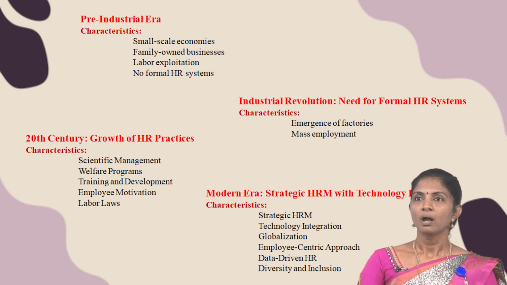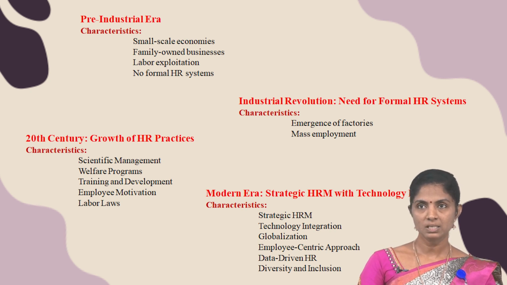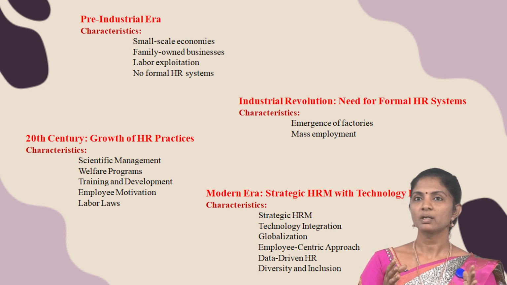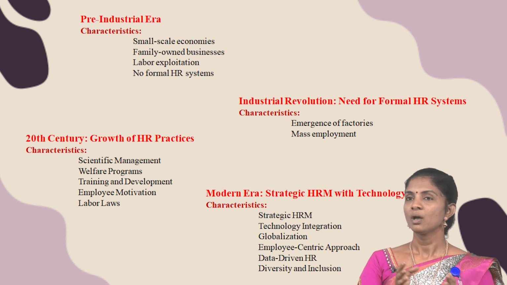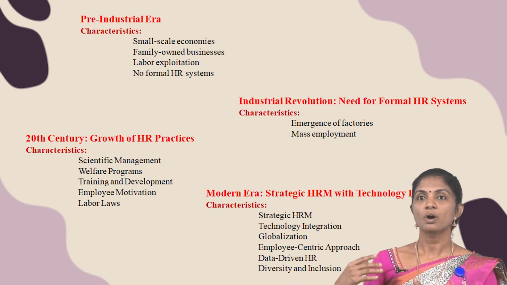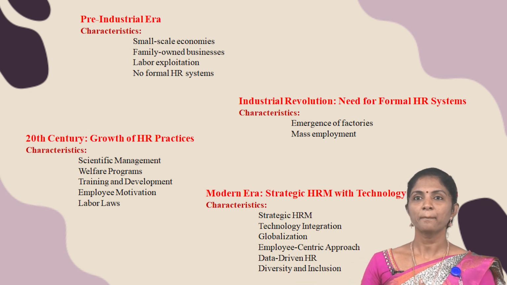Next, the modern era. The time period is the late 20th century to the present. Now there is strategic alignment of human resource management with organizational goals and the use of advanced technology to manage human capital.